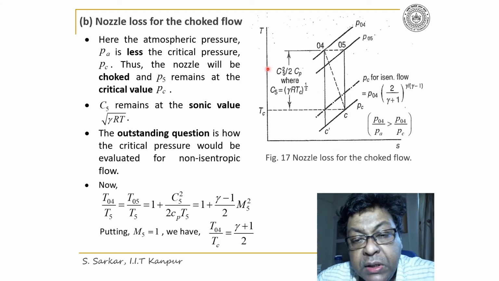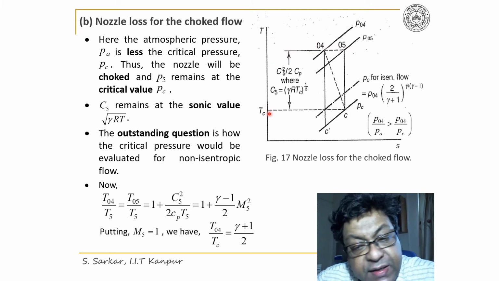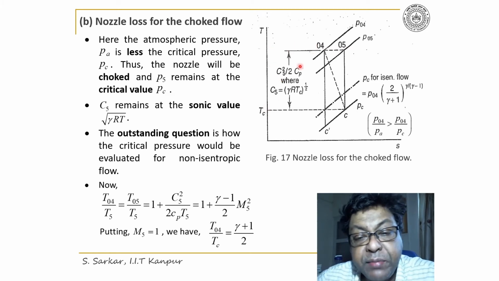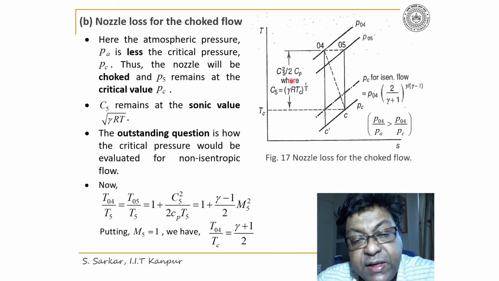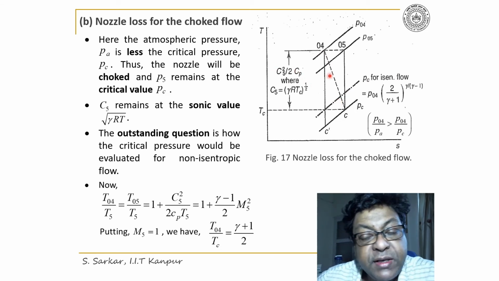Now, the T04, which is equal to T05, can be related with Tc by C5. That means what I would like to say is that T04 minus Tc is equal to C5 squared divided by twice Cp.